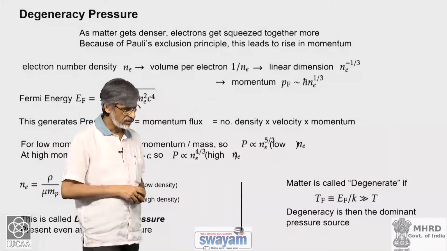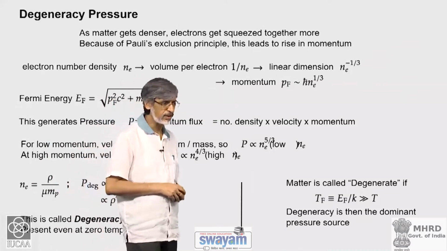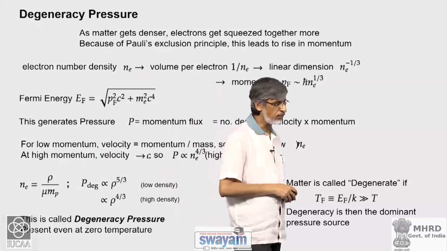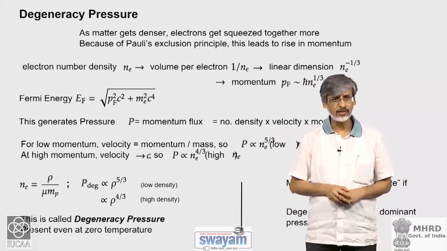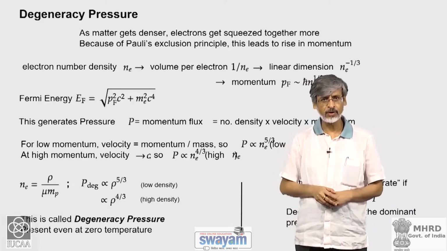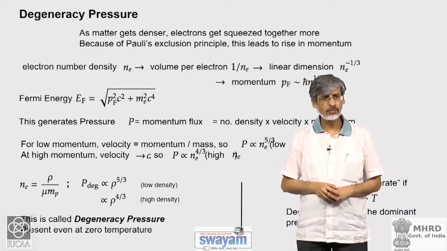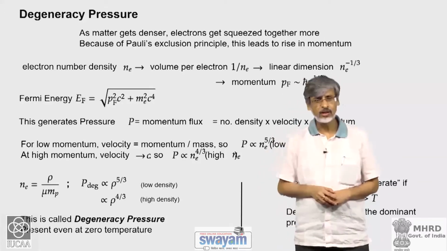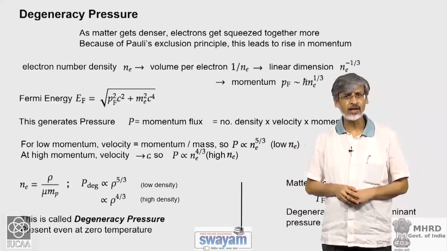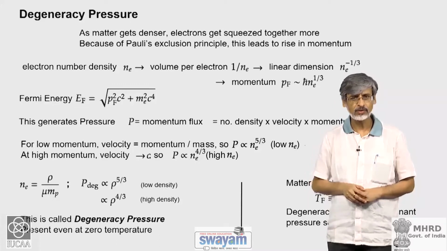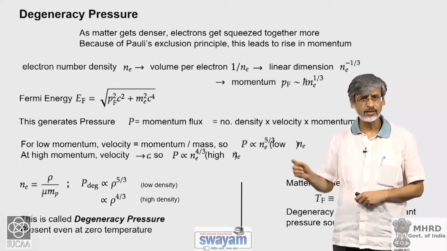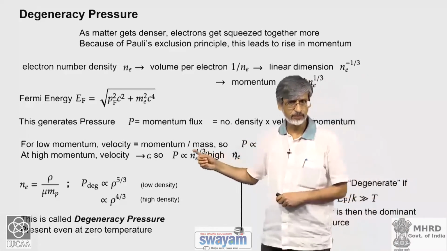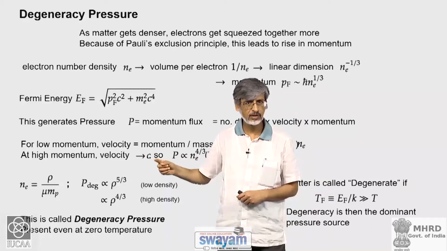As n e rises, which means as p f rises, p f over m, which is the velocity, will also keep rising, but it cannot rise indefinitely. As the velocity approaches the speed of light, the velocity cannot rise anymore. So, when p f becomes very high, which happens when the number density goes very high, then velocity will saturate at the speed of light.